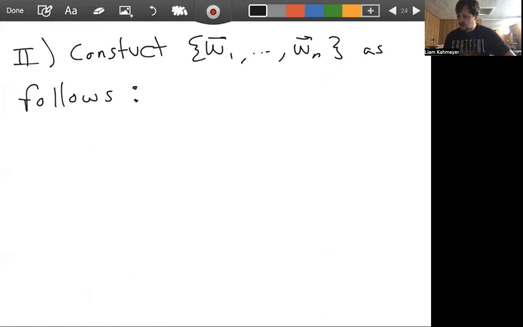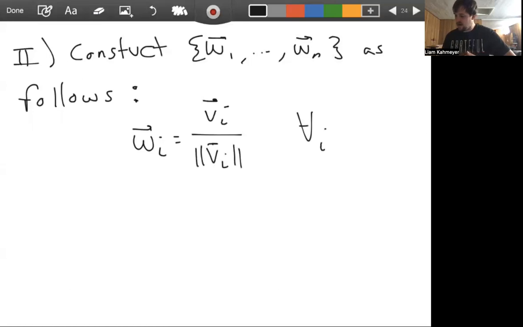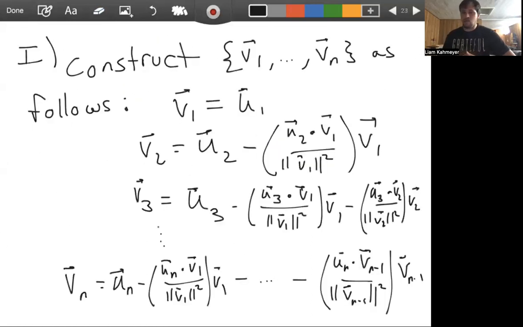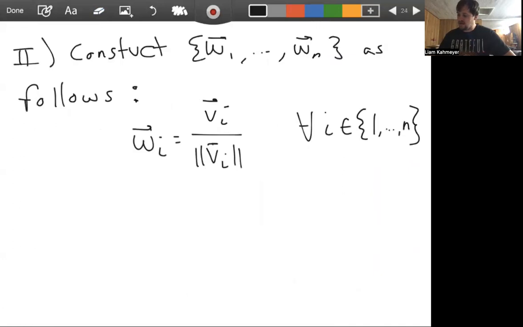We say Wi is equal to Vi divided by the magnitude of Vi for all i ranging from 1 to n, right? And this is exactly how we pass from an orthogonal set to an orthonormal set: we divide by the magnitude of every vector to guarantee that every vector in the collection is of unit length.